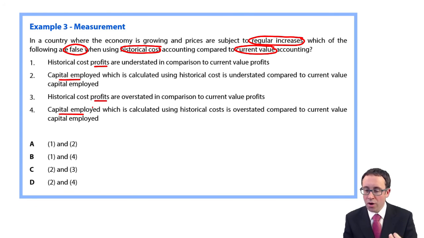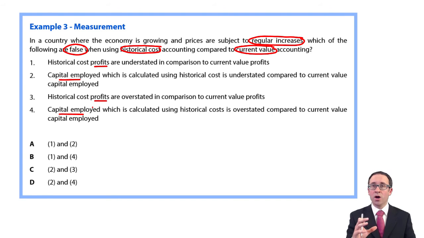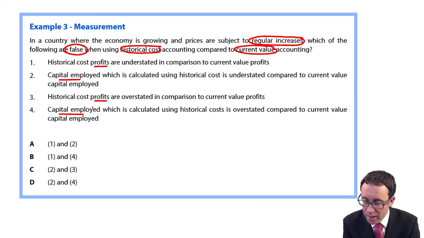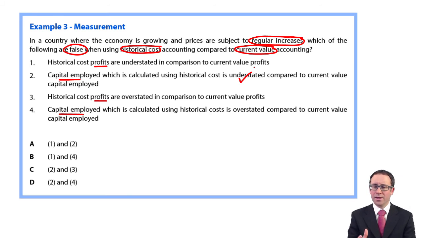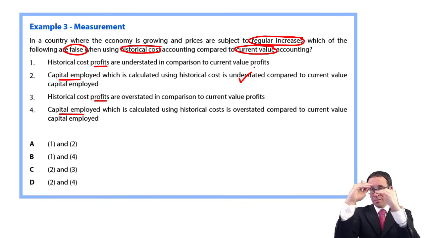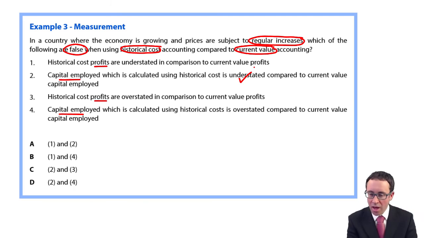So think about the correct aspect, your capital employed using historic cost is going to be understated, isn't it, compared to your current value accounting? Okay, because this is my value in historic cost, this is my value under current cost, so therefore this historic cost is understated compared to that current value.